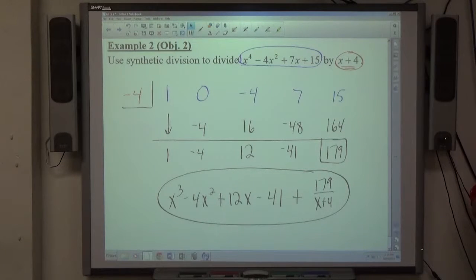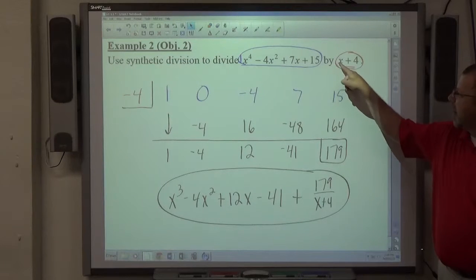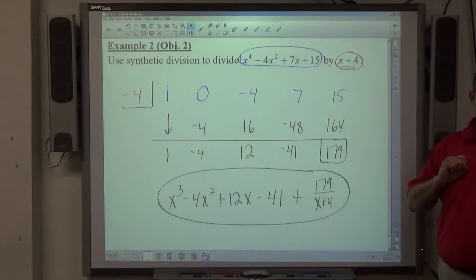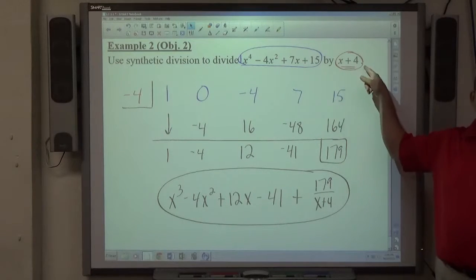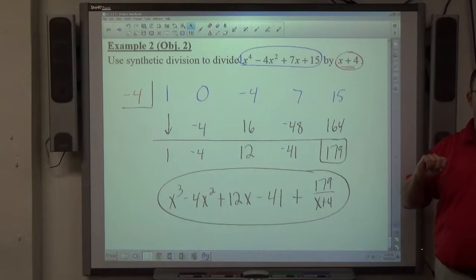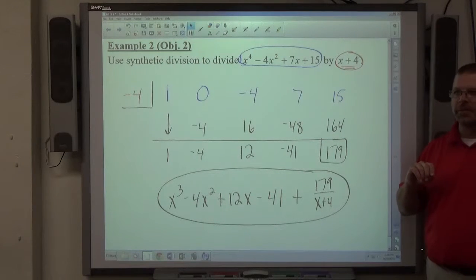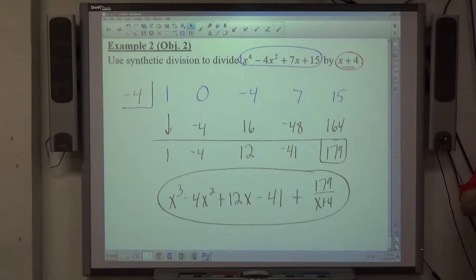One more time I'm going to say this so I make sure you all hear it. This only works if you divide by x plus or minus a number. If it's x plus a half, you can do it. X plus 0.2, you can do it. X plus 99, you can do it. 5x minus 3, can't do it. Can't put numbers in front of your x.